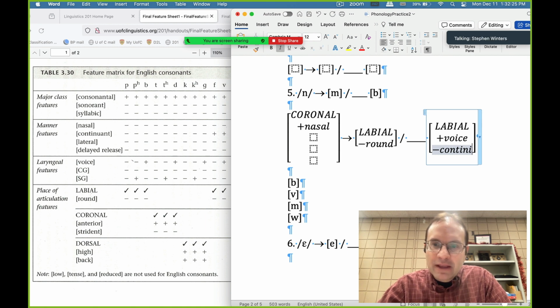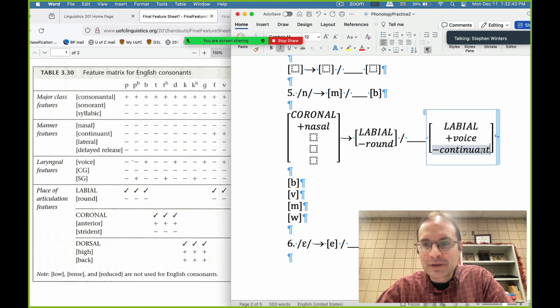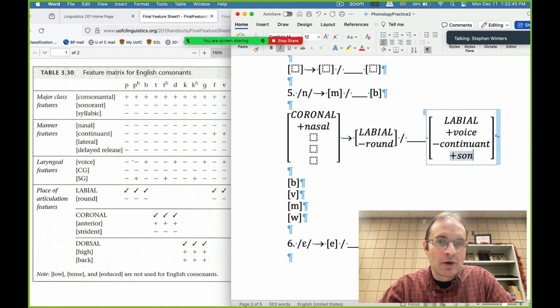All right, well, that's 2 options. So we got to vote for minus continuant and minus sonorant. So V is plus continuant. W is plus continuant. So those would get knocked out. For sonorant, we have M is plus sonorant and W is plus sonorant. So actually, if we use both of those, I think we get to where we want to go.